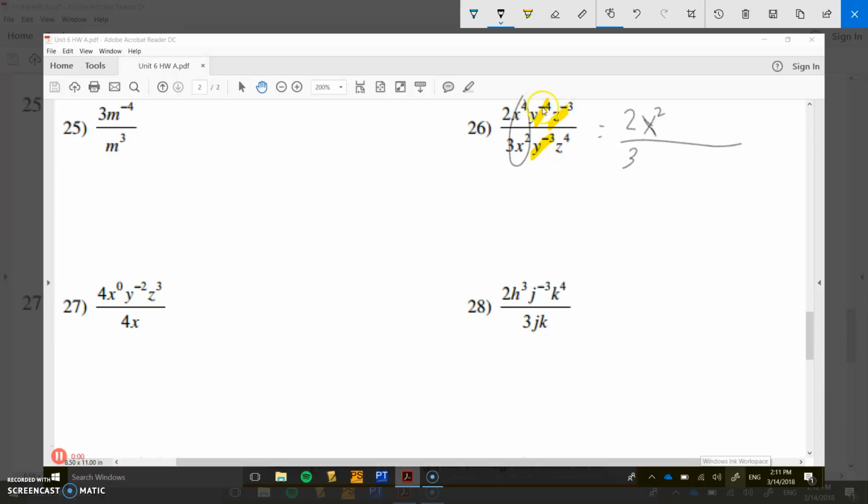Then these y's come down, these y's come up, these z's come down and get combined with that. So I'm going to do the y's next, y to the 4th, then y cubed gets put up top to make it positive, z to the 3 comes down to make it positive, and we already have a z to the 4.